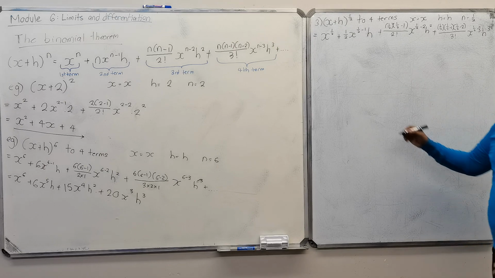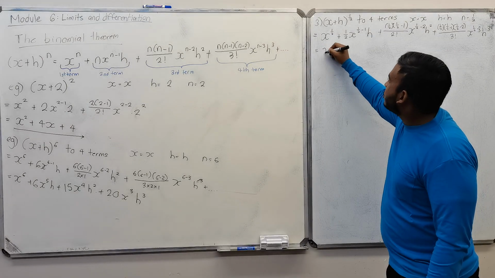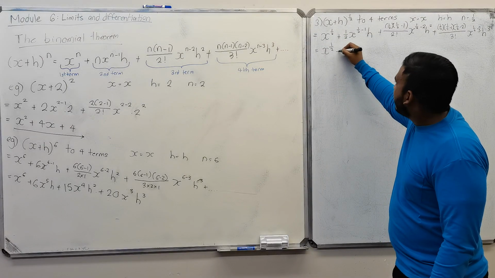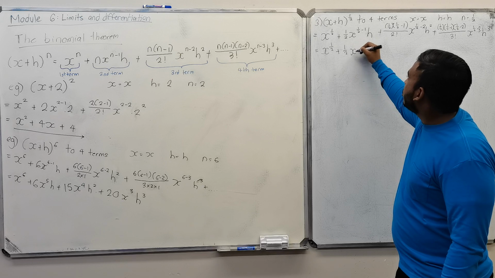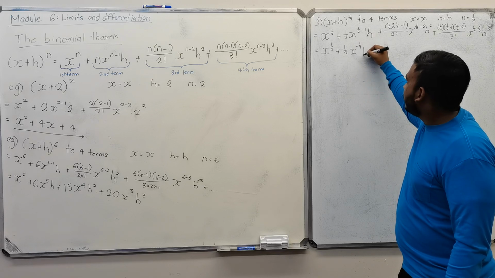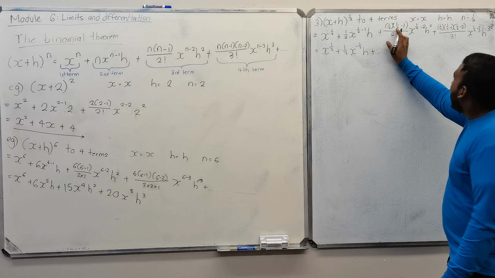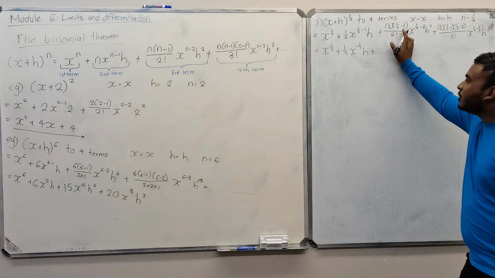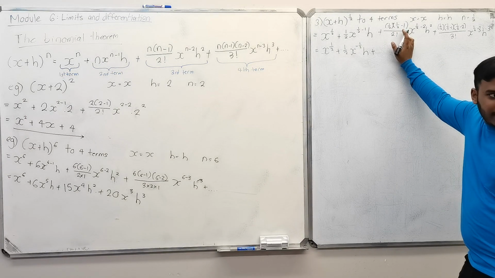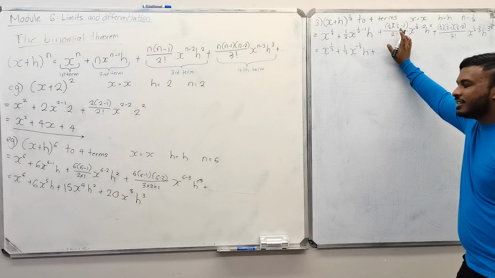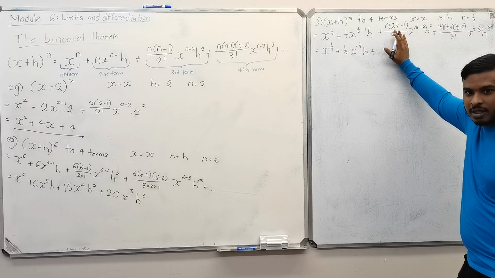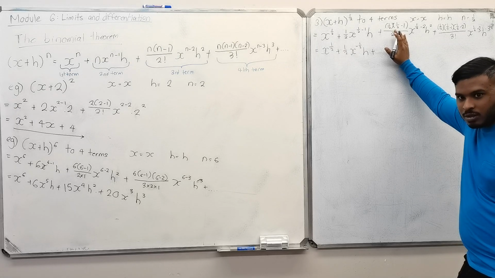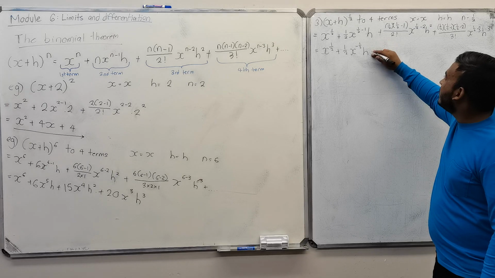Okay? So this will now become x to the power half plus half x to the power negative half h plus half minus half minus 1 is negative half, right? Times half is negative quarter. Negative quarter over 2. It's going to become negative half.